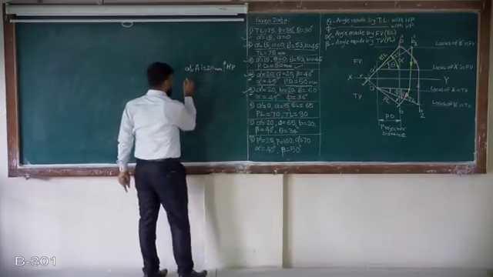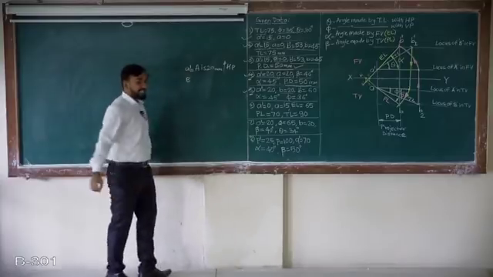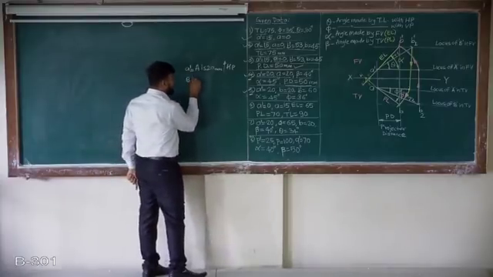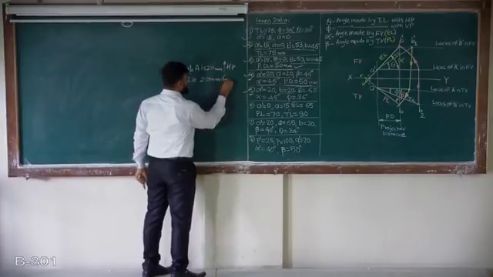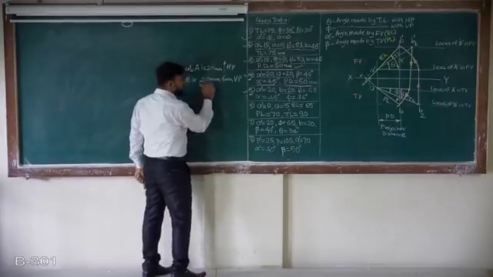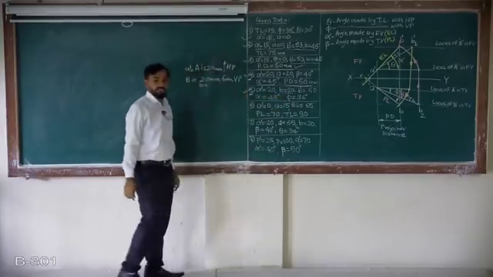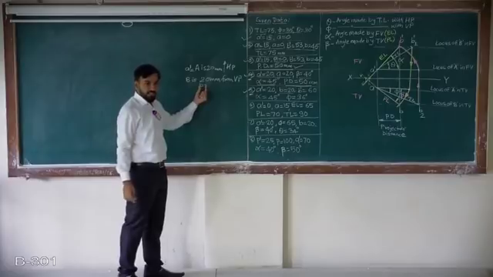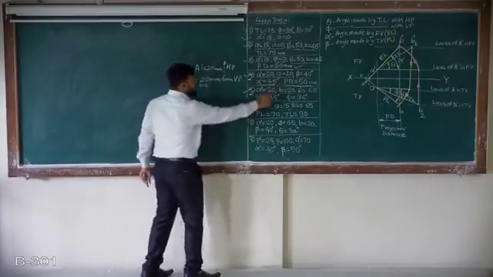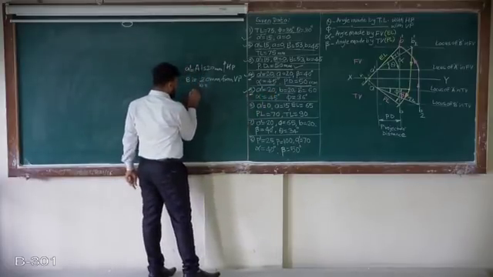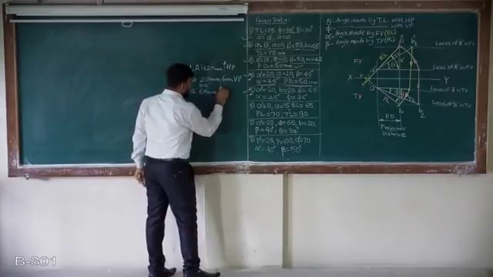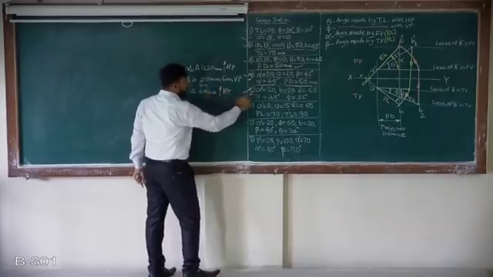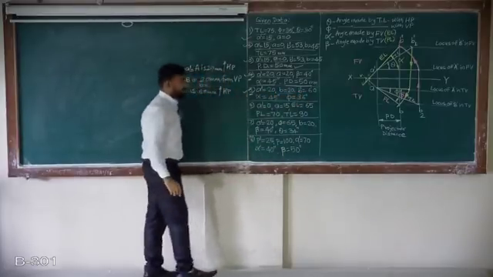So there is a set condition: point B is 20 mm from VP. So I can say this B is 20, that means below XY I need to mark B, locus 20 mm, and the same point B is 60 mm above HP. So that is B dash locus 60 mm.